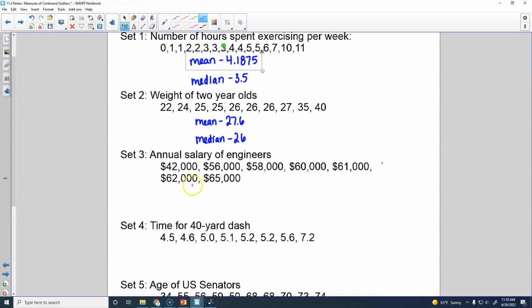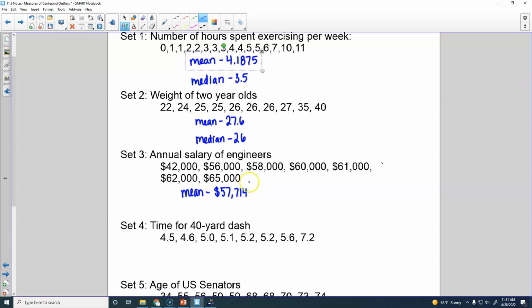For 3, what did you guys get for the mean? 57,714 point something 286. I don't have a decimal. I don't know if that's because I just rounded it to the nearest whole number, or if there wasn't one.